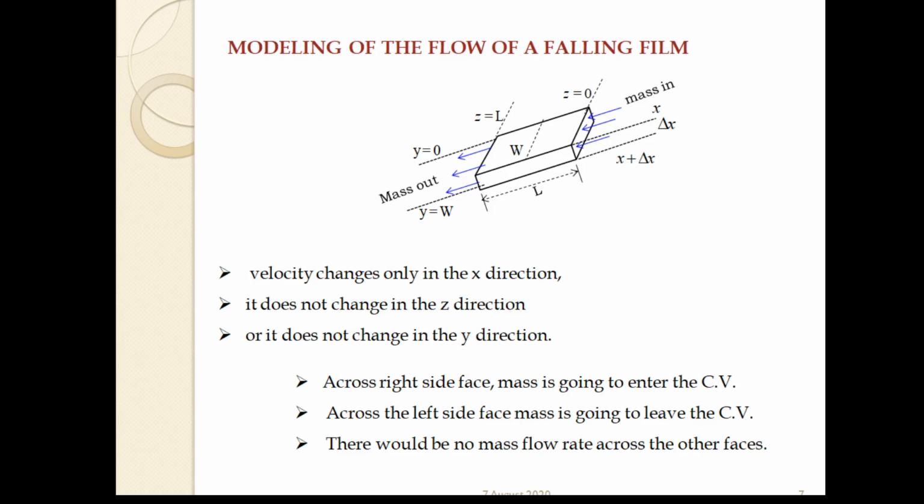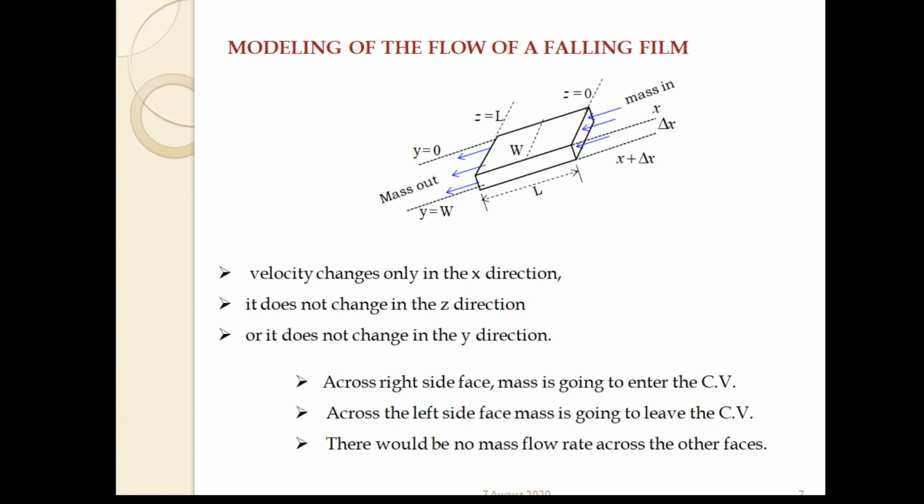So the molecular transport of momentum is simply mu dvz dx multiplied with the area, meaning the shear stress term multiplied with that area. For the convective momentum, first we have to find the area through which the convective mass is going in and out, that is W into del x.